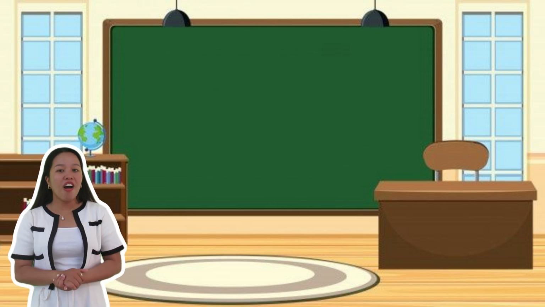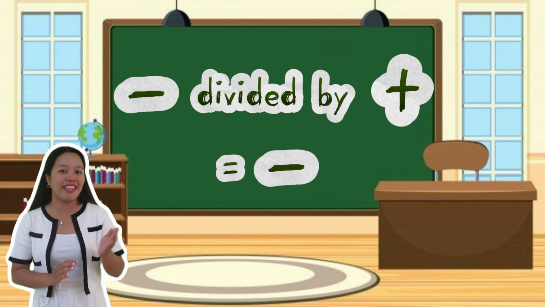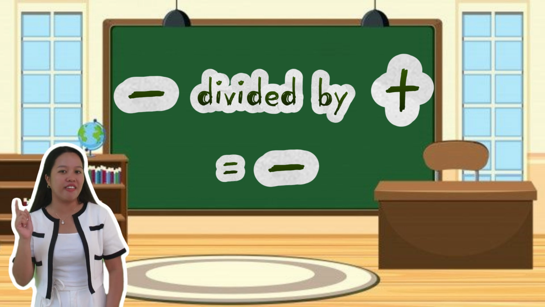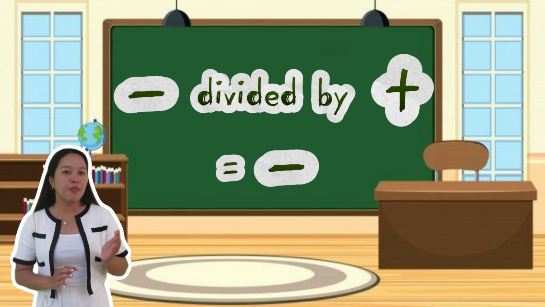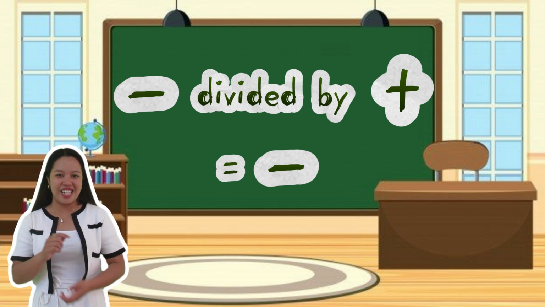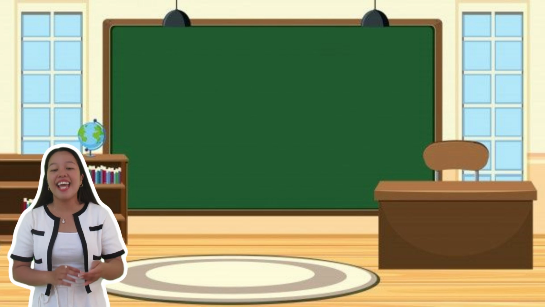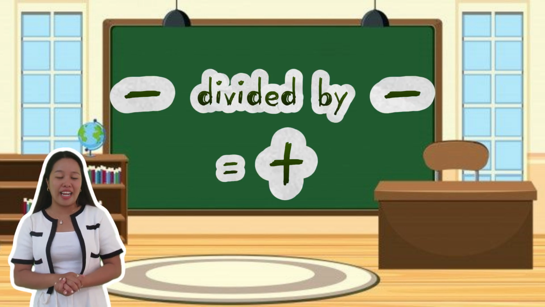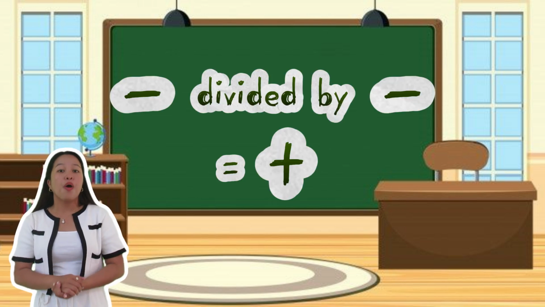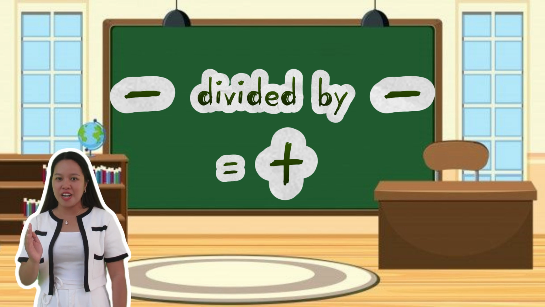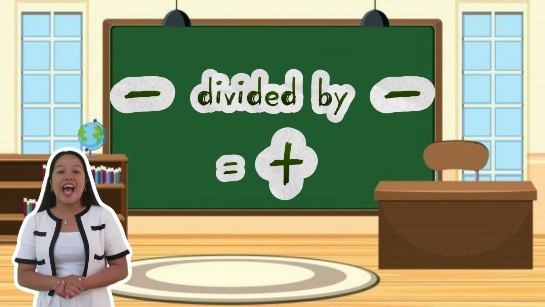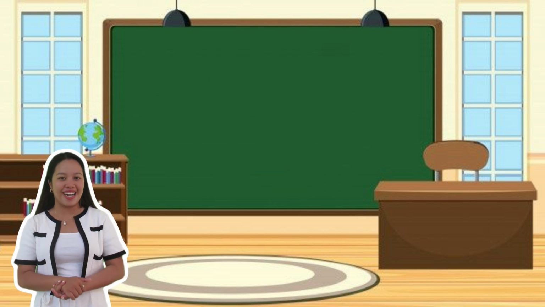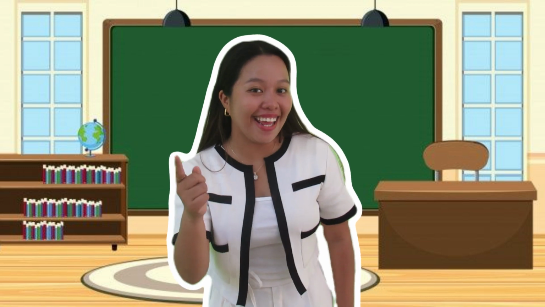Third, if we are going to divide a negative integer with a positive integer, the answer would be a negative integer. Lastly, if we are going to divide a negative integer with a negative integer, the answer would be a positive integer. Did you get it?